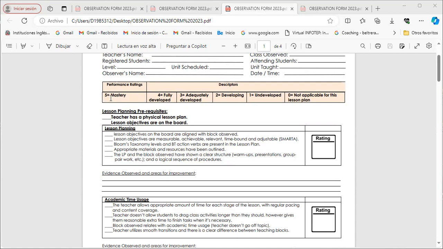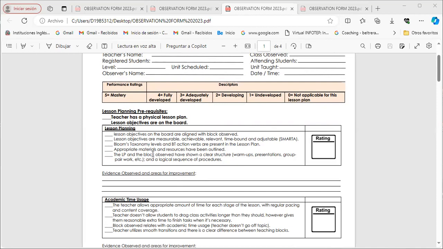As I said here, number 5 is mastery. Number 4, fully developed. Number three, adequately developed. Number two, developing. Number one, undeveloped. And if you don't observe any of these criteria, then you write a zero, not applicable for this lesson plan.